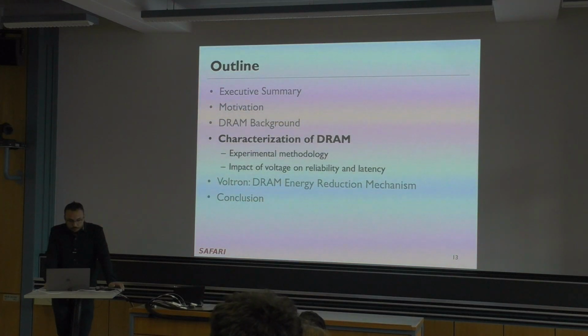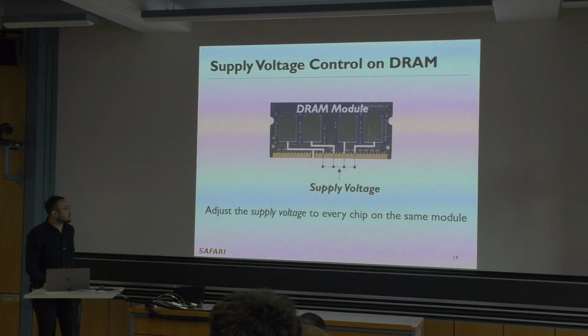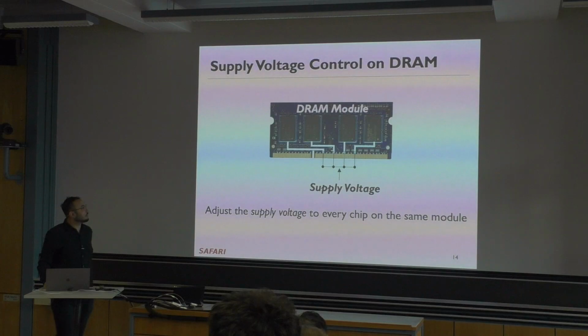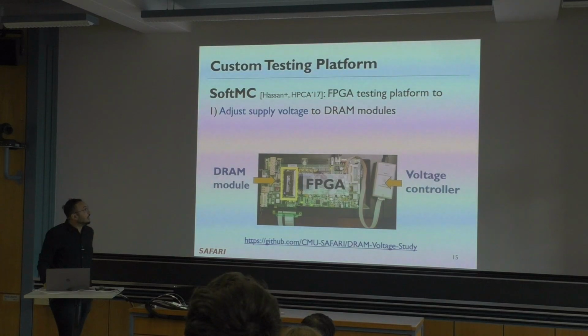So let's move on to the characterization. How we do this characterization is actually important in this talk. We have these supply voltage rails going to the chips in a DRAM module, right? So we adjust the voltage on these rails. To be able to do that, we use an FPGA-based infrastructure called SoftMC, which you probably heard about.